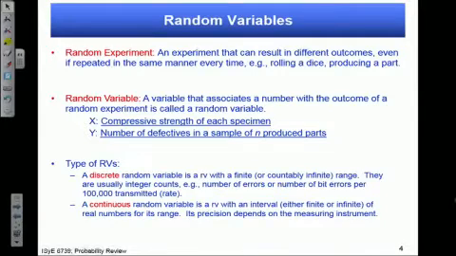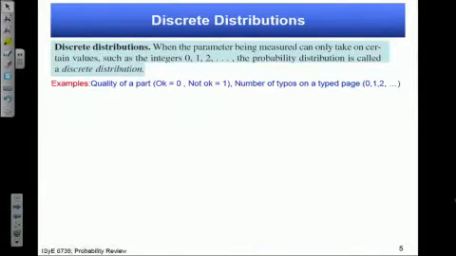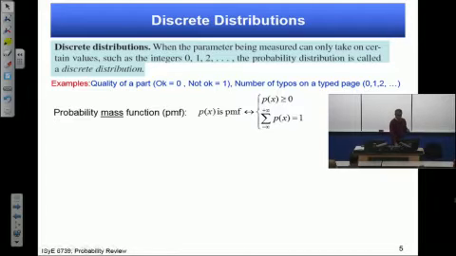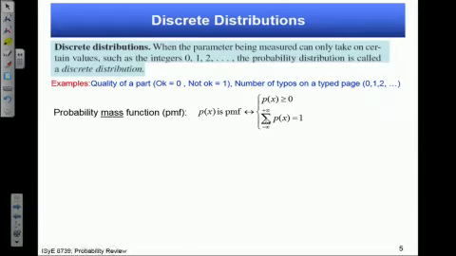If we want to model a discrete random variable, we need to use discrete distributions or probability mass functions. And the probability mass functions have two properties. They should be non-negative, and the summation over the range should be 1.